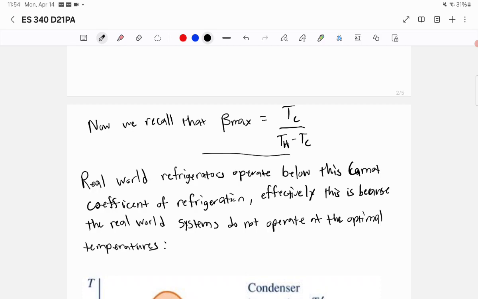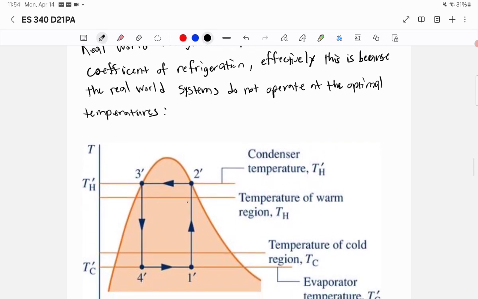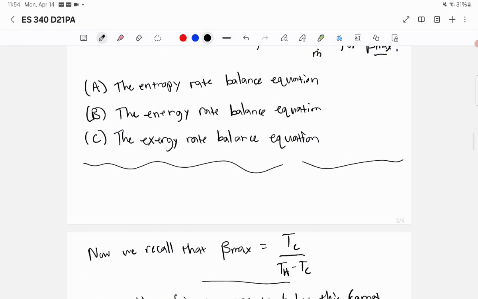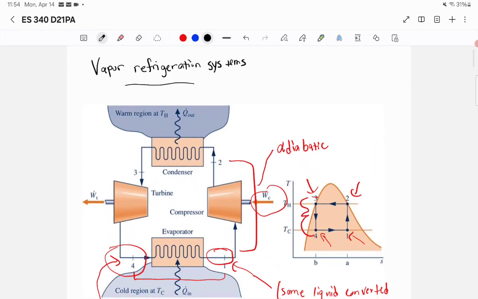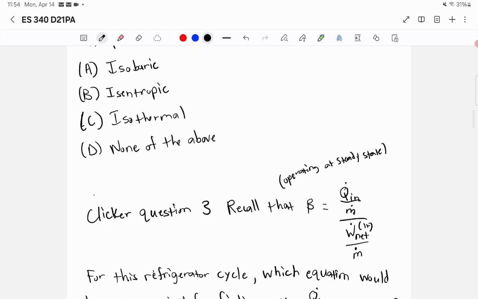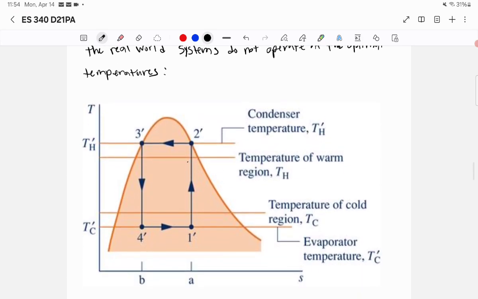Now, if we were still operating in a Carnot cycle, which is maybe the initial idea of how we would go about it, right, is just to do the same steps that are in the Carnot cycle. But maybe there's some inefficiencies that are introduced along the way, which makes this not operate at optimal efficiency, at the maximum coefficient of refrigeration.